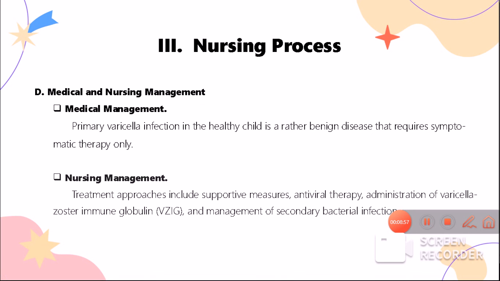Next one is medical and nursing management. Primary varicella infection in a healthy child is a rather benign disease that requires symptomatic therapy only. Next is nursing management. Treatment approaches include supportive measures, antiviral therapy, administration of varicella zoster immunoglobulin, and management of secondary bacterial infection.